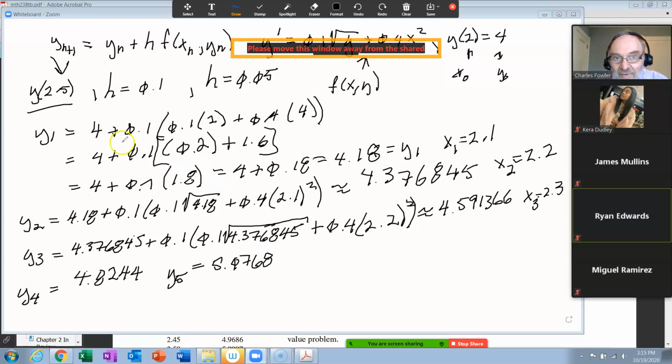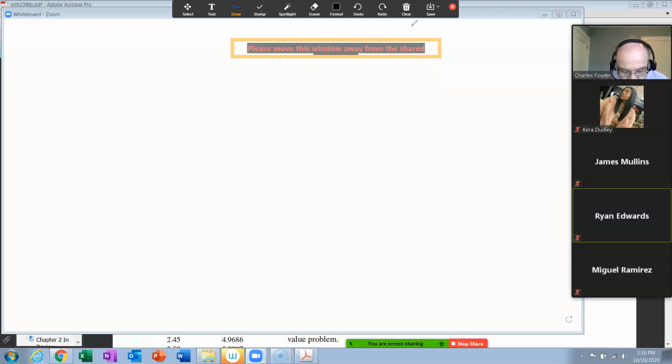Okay. Now, I'm going to erase all this, and we're going to start working on it when we have the 0.05 as our step size. So let's clear the drawings, and I'm going to repeat what I said before. Your y of n plus 1 is equal to y sub n plus, now your step size is 0.05.